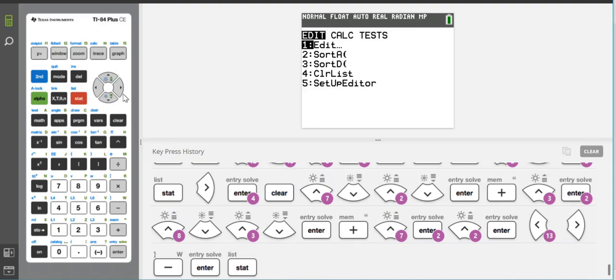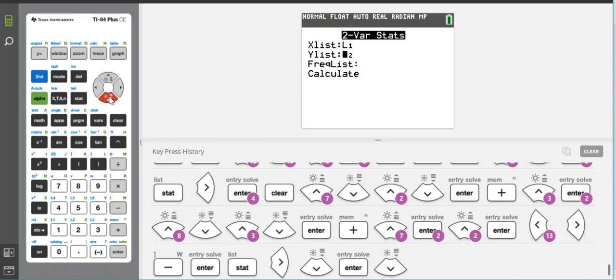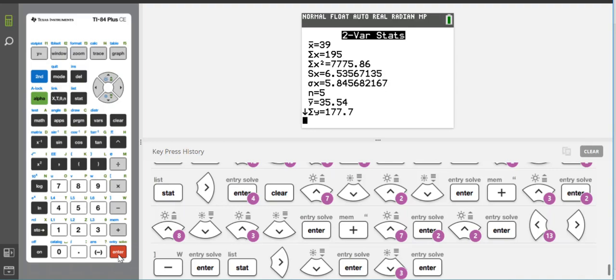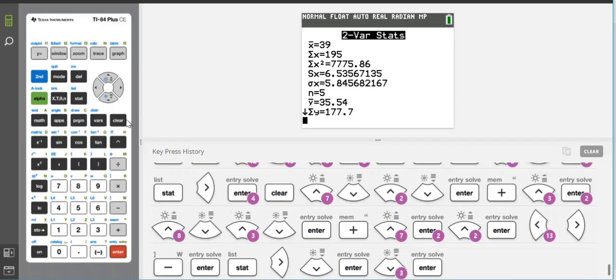So I go to statistic and over to two variable statistics, and calculate x bar. X bar is equal to 39. So now I have the x bar. And what else do I need? Well, I need the sum of x squared, which we know what that is, and then we need the sum of x's squared. So let's type in all those values into our calculator.